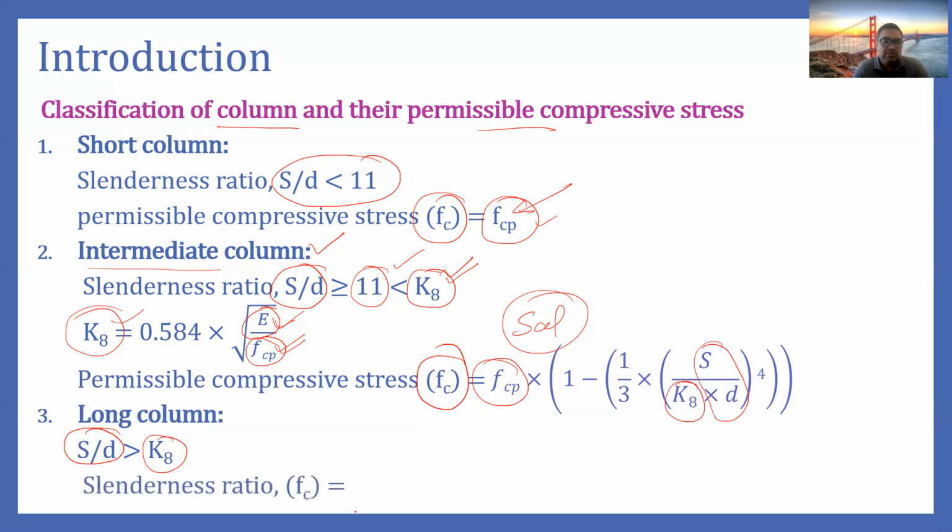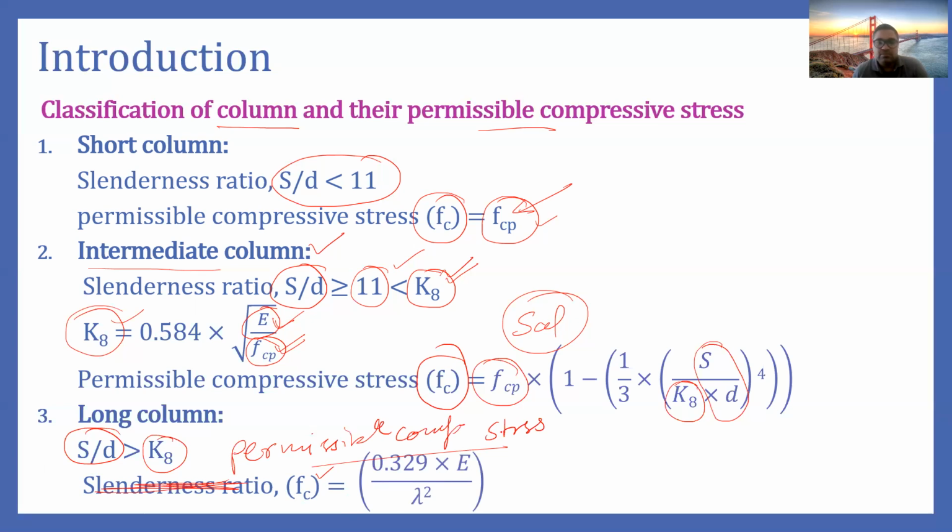In this case, it will be the permissible compressive stress, which is represented as FC. FC is calculated by this relation, which is 0.39 into E by lambda square. Lambda is the slenderness ratio.